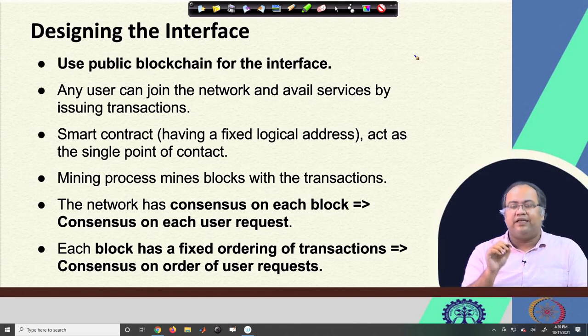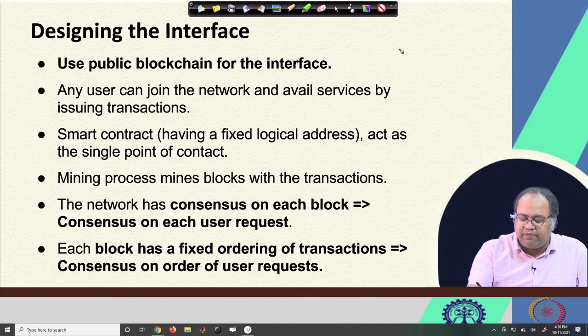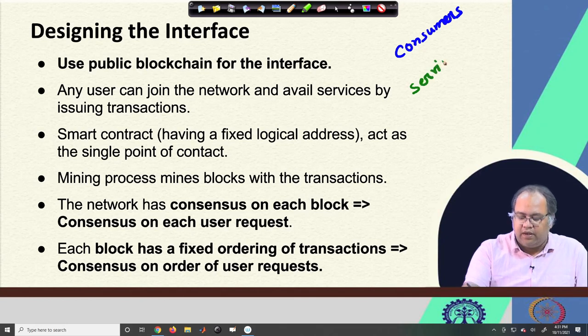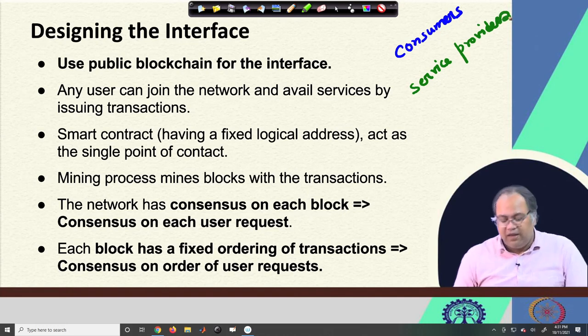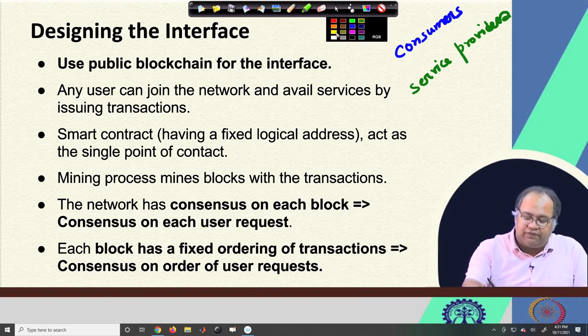The network is a network of consumers and the service providers, and if I think about who the participants in this network are, I have two types of participants: one is the consumers and the second is the service providers. So, it is basically a network of consumers and a network of service providers, and they are going to interact among themselves.